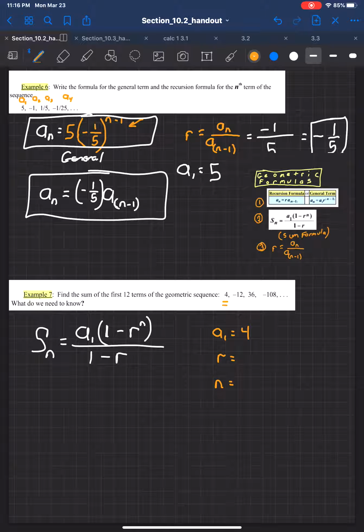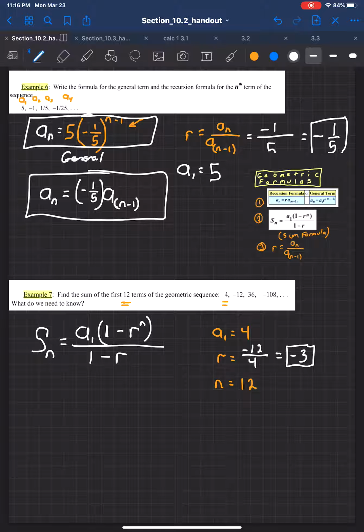How many terms are you adding up? That's 12. But let's go ahead and find r. In this case, r is going to be negative 12 divided by the previous term, which is 4. So r is equal to negative 3.